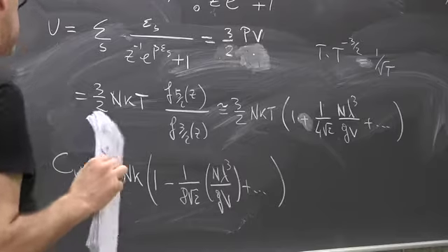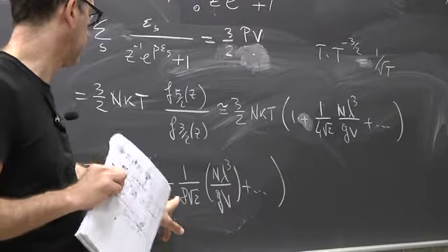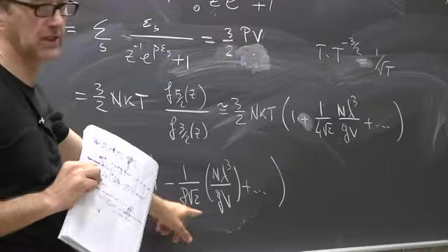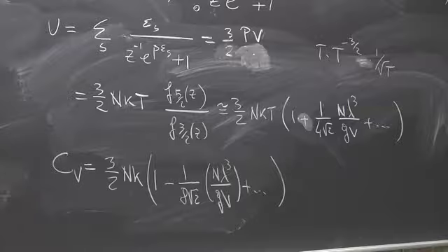So you see the specific heat has a correction which is negative. So it's slightly smaller than what you get in a classical ideal gas.